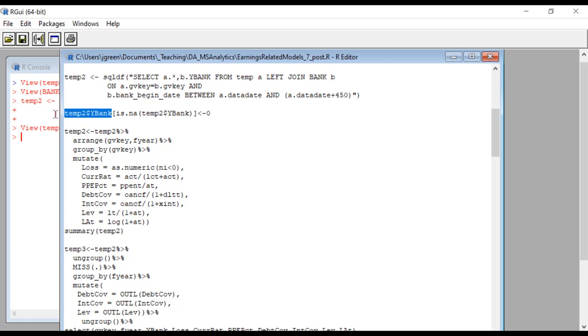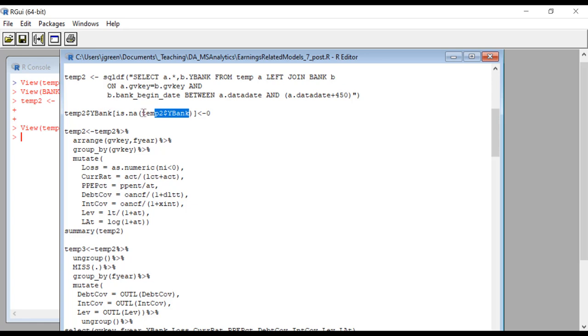We're only looking at this column. Then the square brackets tell us the rows that we should look at. And what we're going to use to determine that is to say, in this column where it is missing, look at those rows in this column. So if we used a different column here, it would still give us the rows to look at.